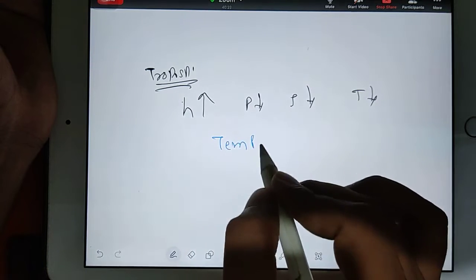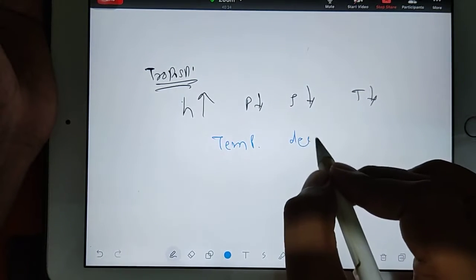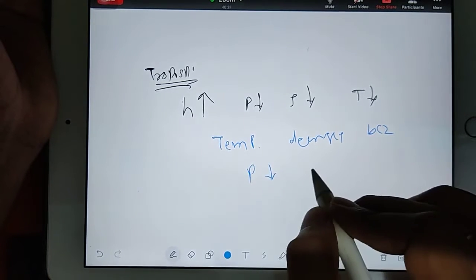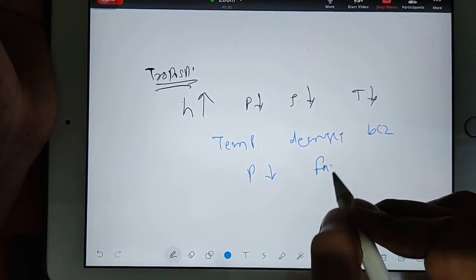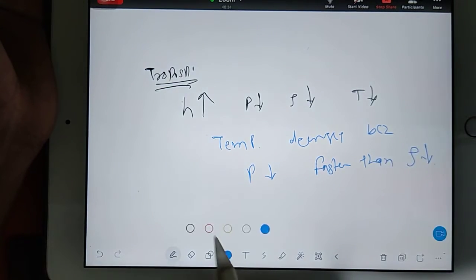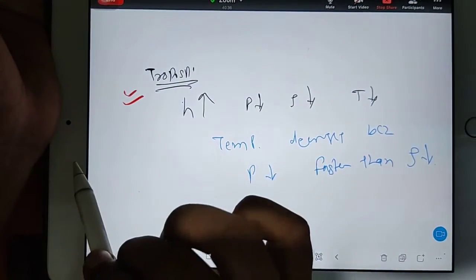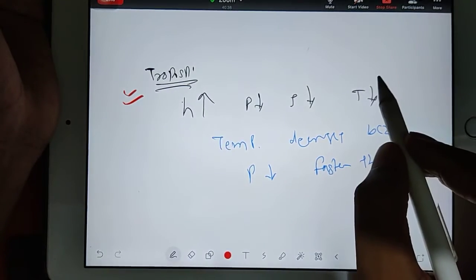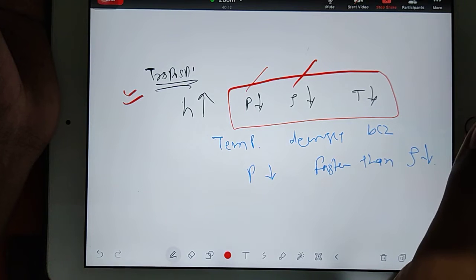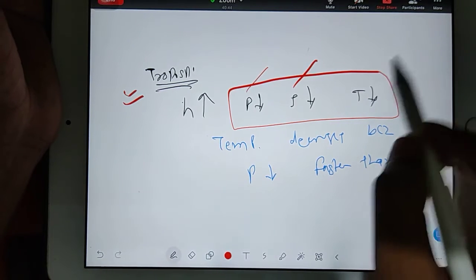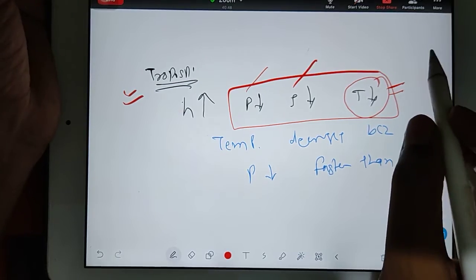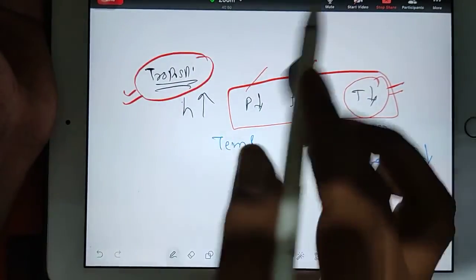For that you should write like this: temperature decreases because pressure decreases faster than density decreases. So this was about the troposphere. Mainly we have to bother about these three variations. These two variations are constant kind of variation in all the spheres, but this variation will not always be decreasing in all the atmospheres.